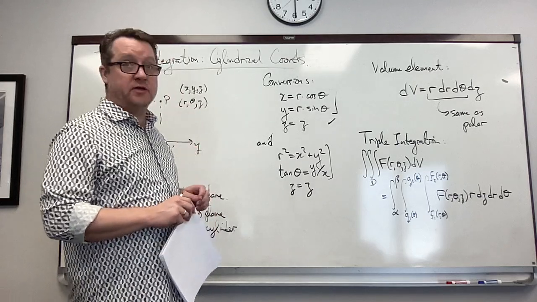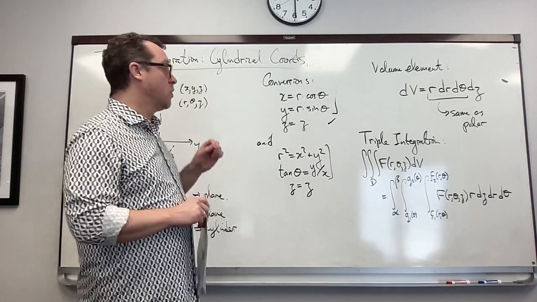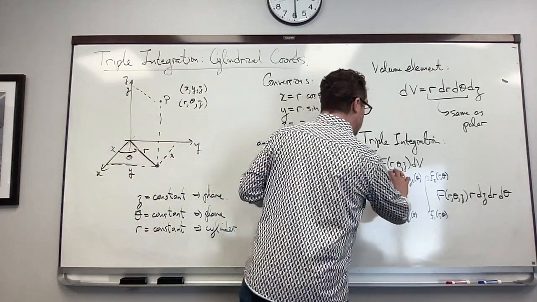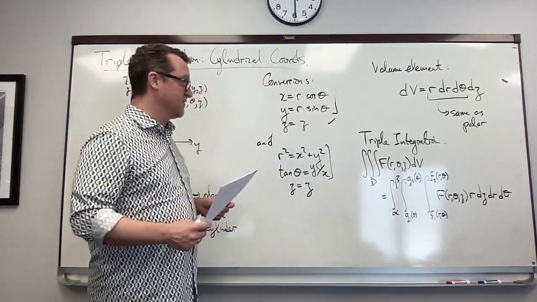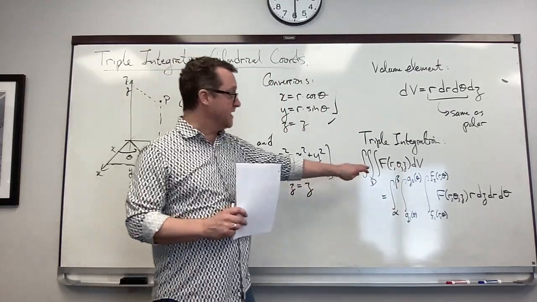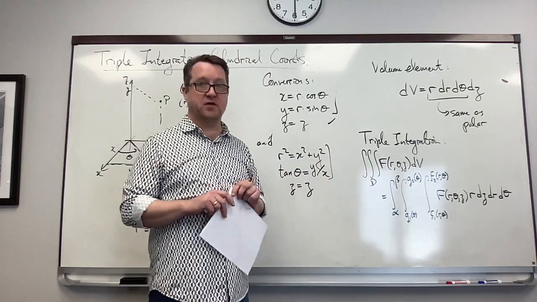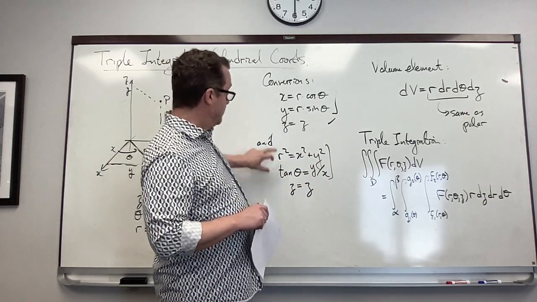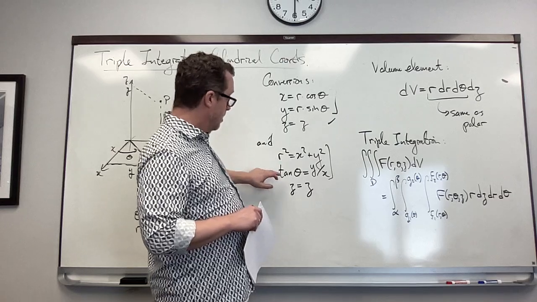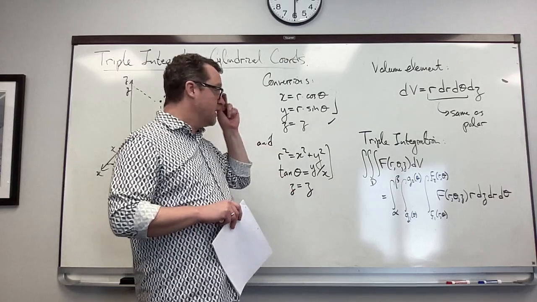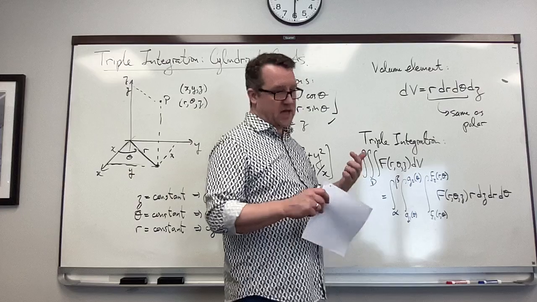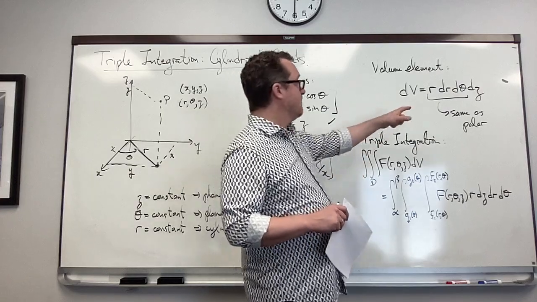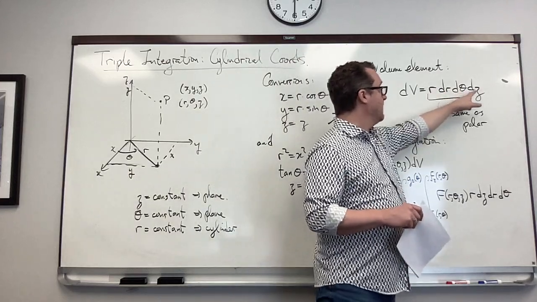When we move to triple integration, then, we have to worry about two things. We have our integrand, which would be cast as a function of r, theta, z. If you had an integrand that was cast as a function of x, y, z, you would use these equations to convert it to r, theta and z. And then dV is just like for polar, you have r dr d theta and then dz.